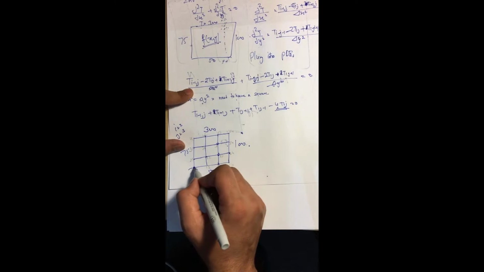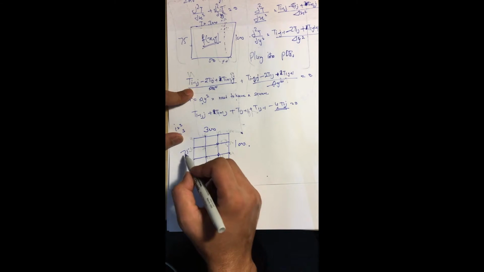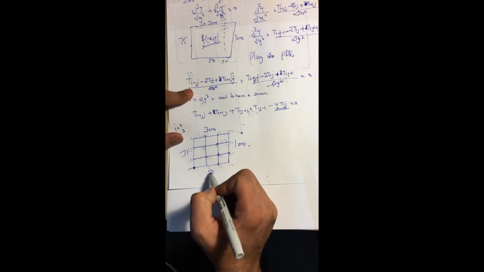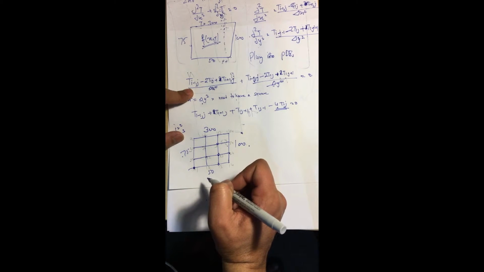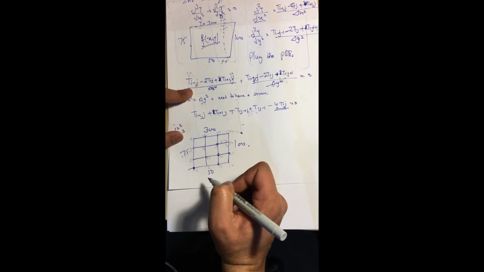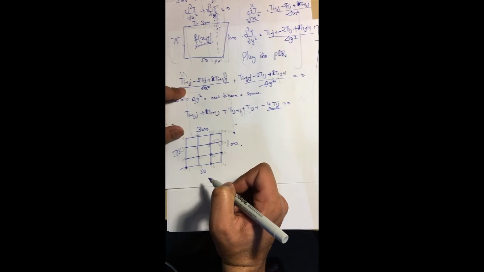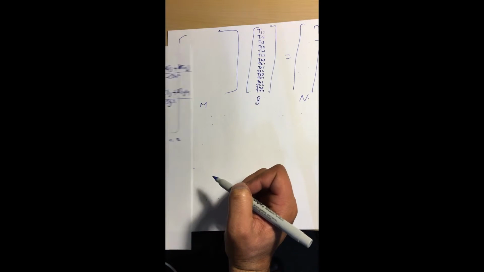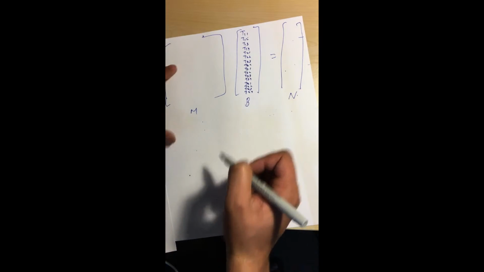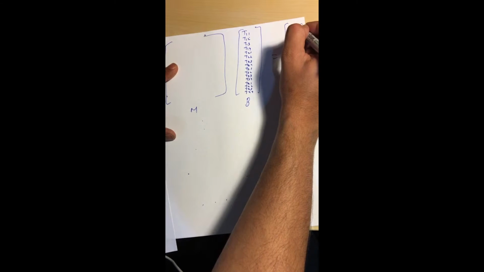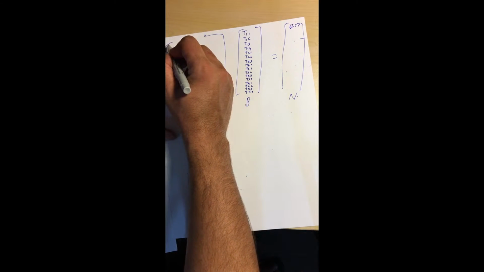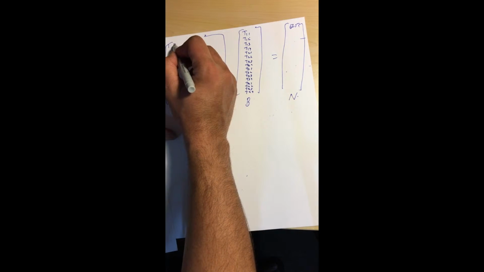This is half of 75 plus 50, so it's 125, and half of that is 62.5. So let's take it as 62.5, and this will be our 1. Rest of the things are 0.